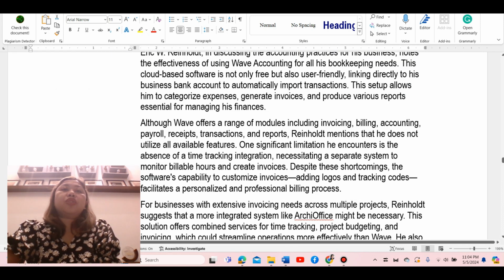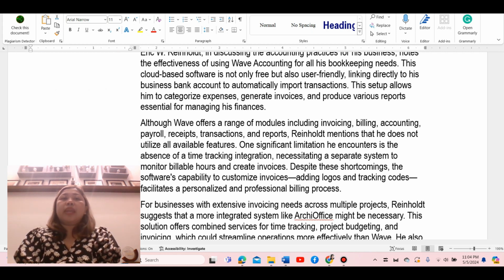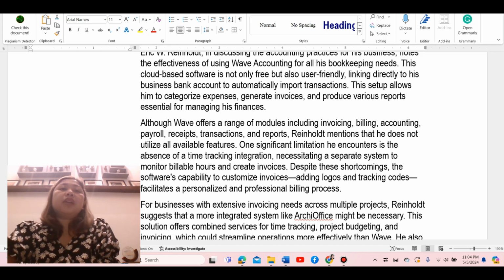This cloud-based software is not only free but also user-friendly, linking directly to his business bank account to automatically import transactions. This setup allows him to categorize expenses, generate invoices, and produce various reports essential for managing his finances.